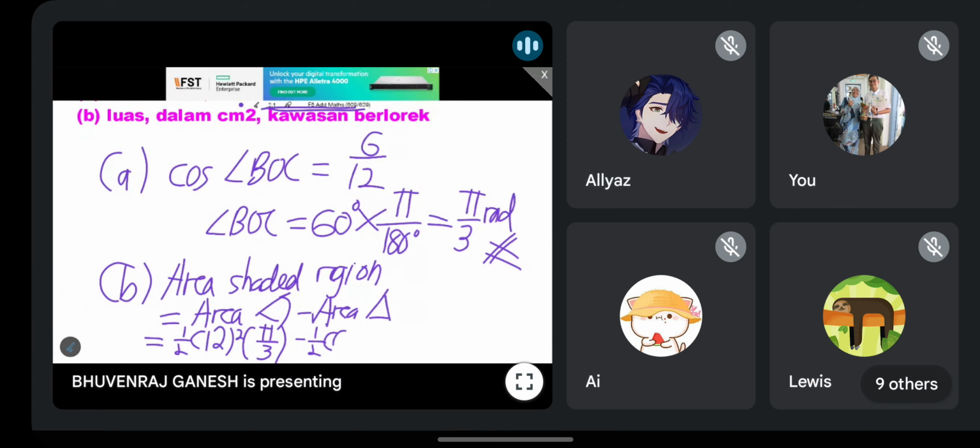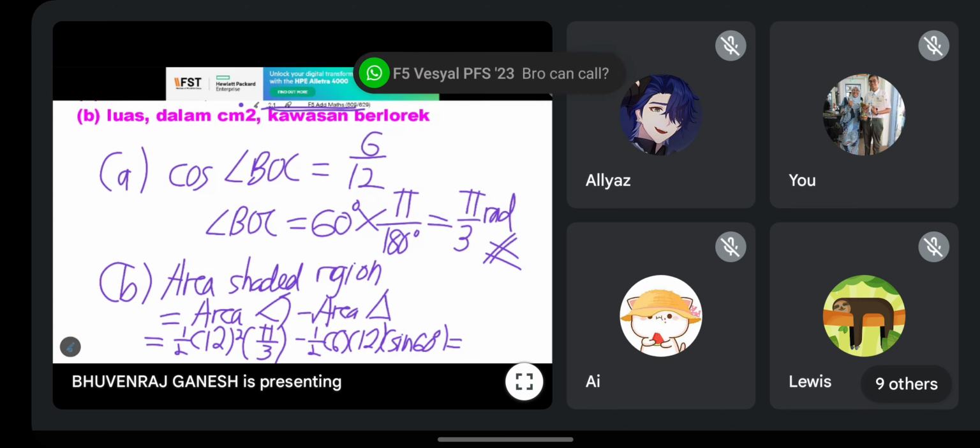Okay, so can anyone tell me what's the answer you get for this one? Cuba tekan calculator. I want 4 dp ya. 4 titik perpuluhan. So what answer you all get? Four dp ya guys, answer. 4 titik perpuluhan.